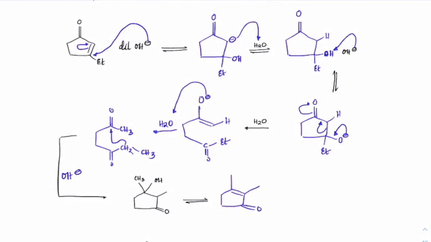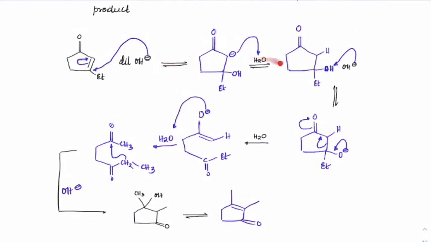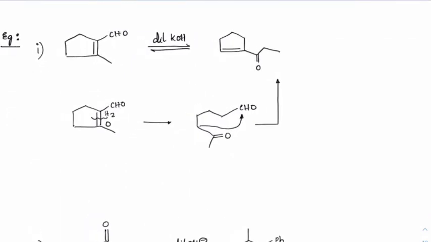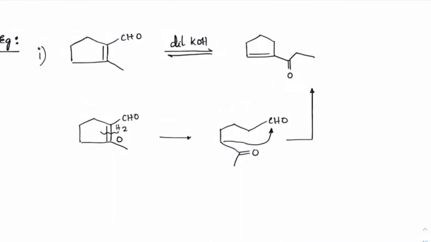Okay, now should we do all this mechanism all the time? Not needed. We can see the shortcut for it. See how we can make a simple way to understand here. Wherever we find this double bond CHO, we can make this work very easily using a simple shortcut.